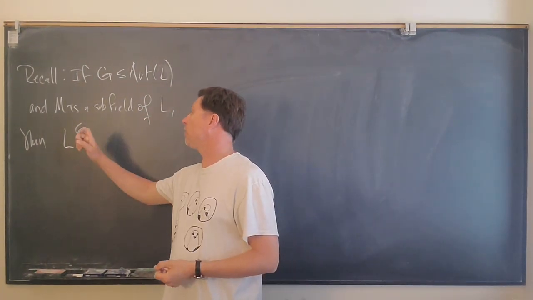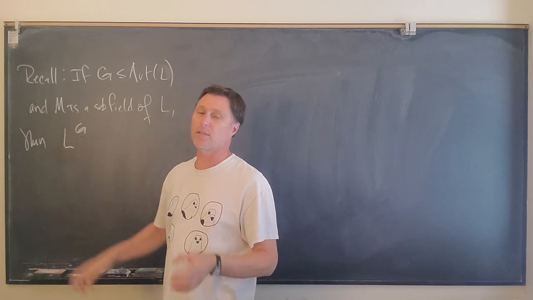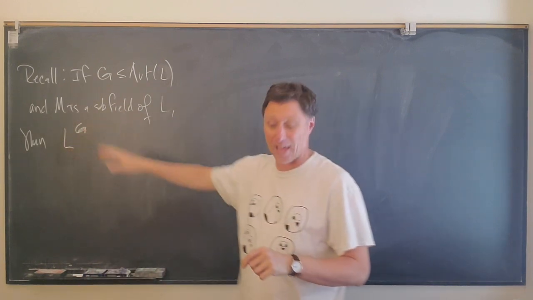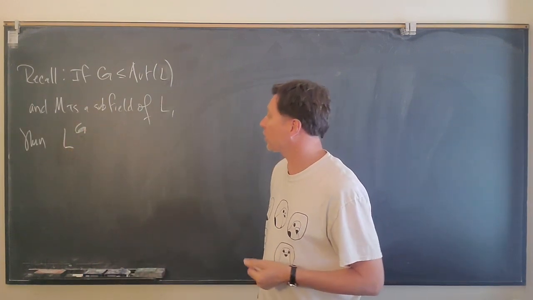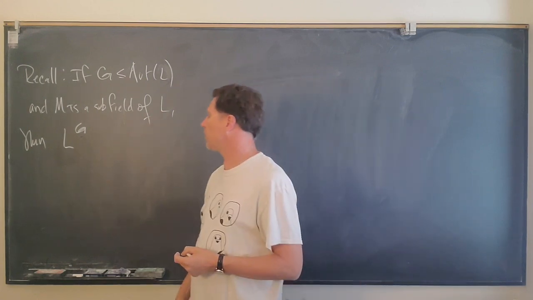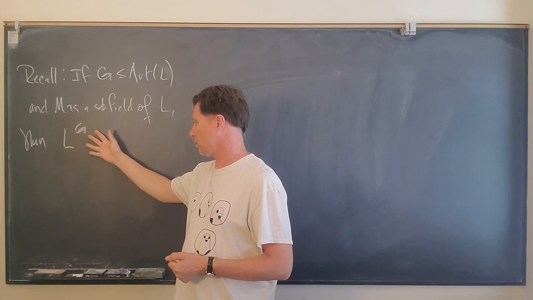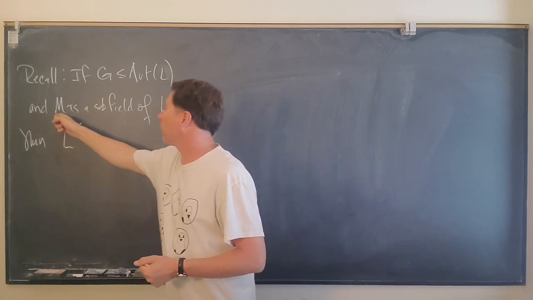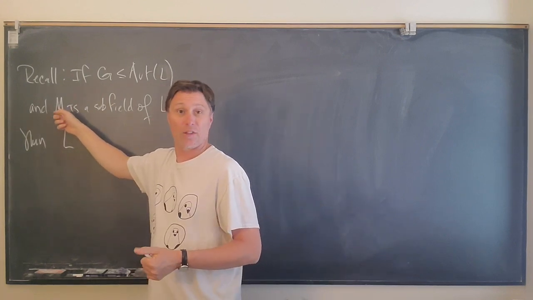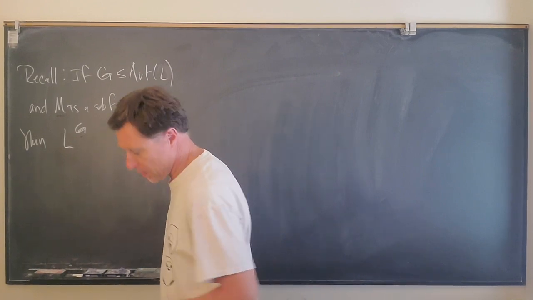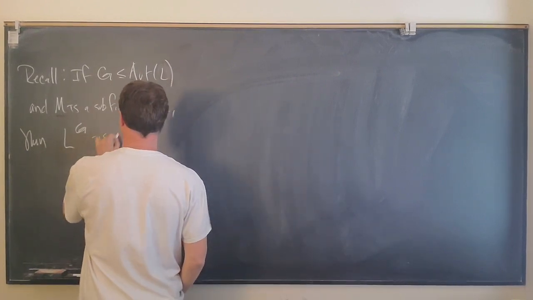It's the set of all functions from G into L. This is not group theory or anything, this is just a set. But it turns out that under the appropriate operations, this is a vector space over any subfield, where the scalars can come from any M here.